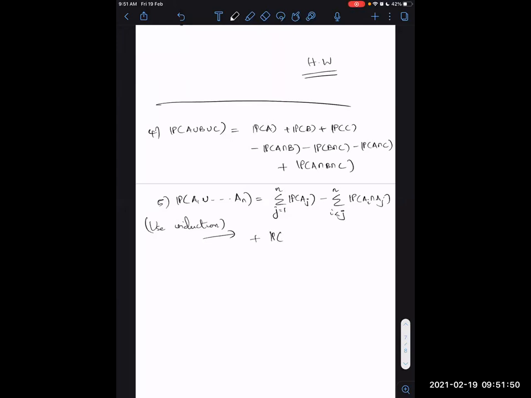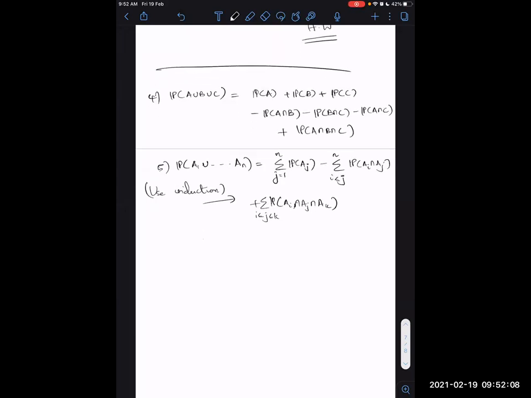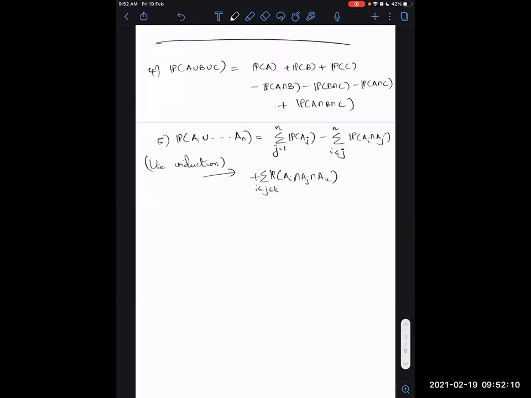So you will have to add these up: A_i intersection A_j intersection A_k, with i less than j less than k. And while doing this, you might remove intersections between four sets, and you proceed alternating between the minus and plus. And finally, you will have this term, with a sign depending on n plus 1.